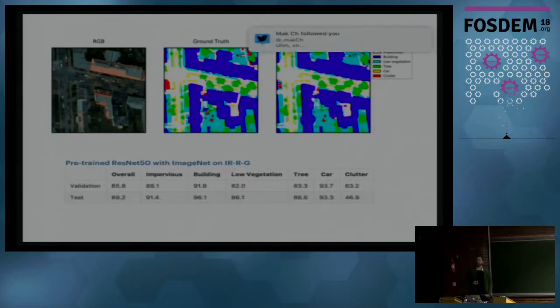So with an out-of-the-box solution, we are already able to do quite efficient things. It's not accurate enough for automatic mapping, but it's accurate enough to detect major inconsistencies. What is the first issue here? These well-known models are based on the ImageNet database, mainly classical photography, and these photographs are 3-band only.